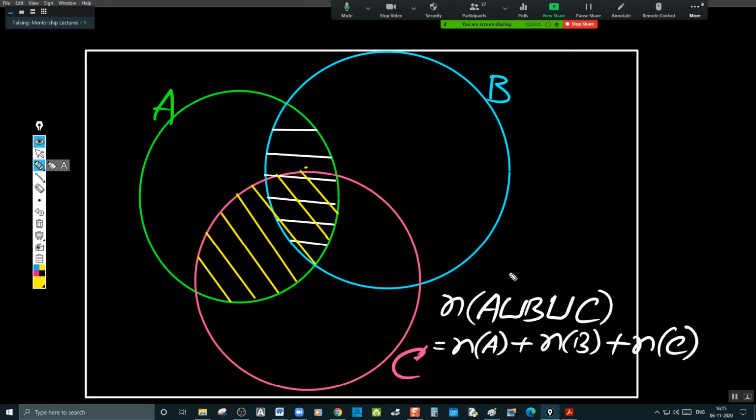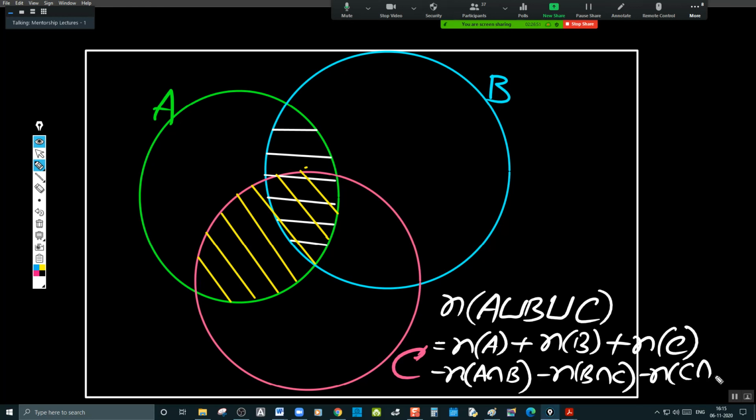Common sense point, whatever the repetitions are, they are to be subtracted. The common areas are to be subtracted. So minus n of A intersection B minus n of B intersection C minus n of C intersection A.